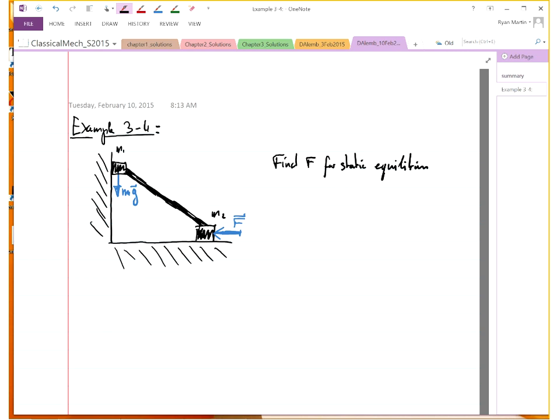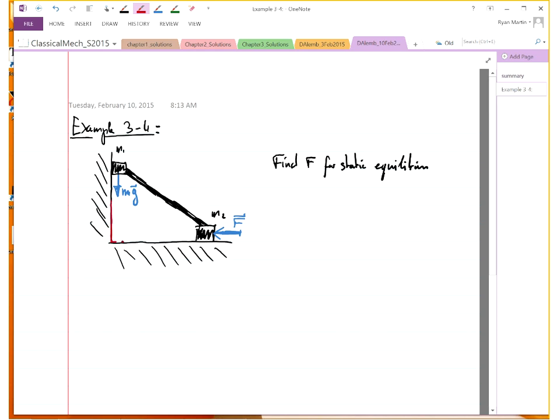So our first step is to identify the total number of degrees of freedom. So we have two masses that we're describing, and if it's a three-dimensional space, then there's 6 possible degrees of freedom. Before we can talk about what those degrees of freedom are, you really need to have a coordinate system.